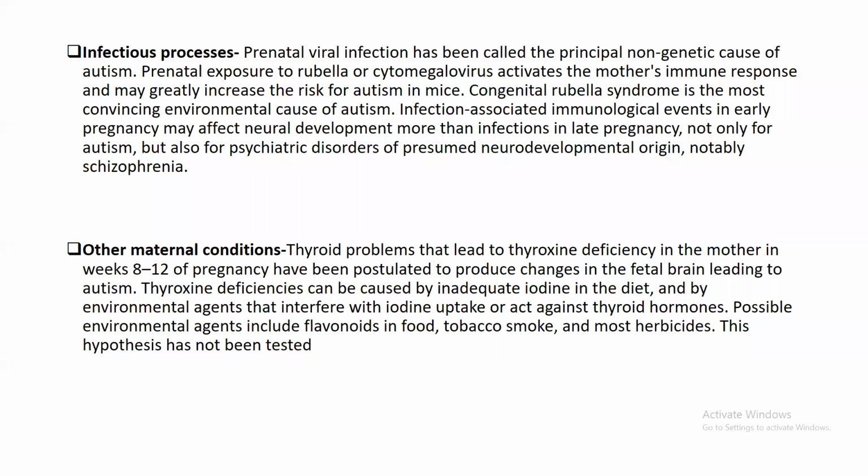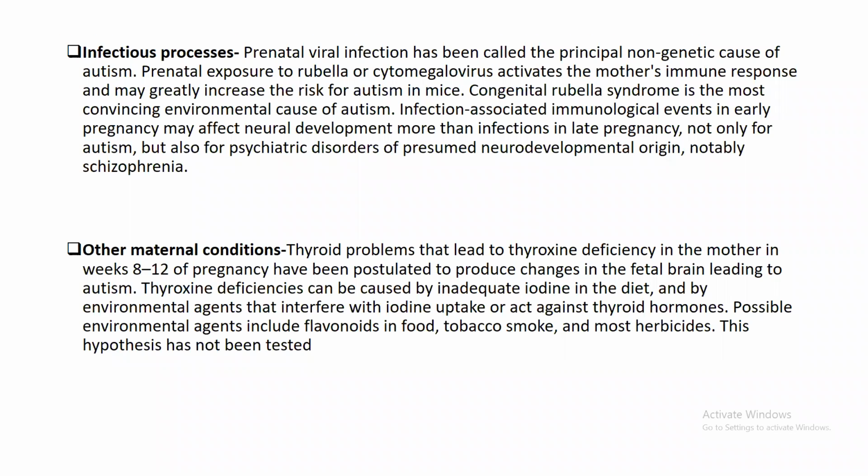Congenital rubella syndrome is the most convincing environmental cause of autism. Infection-associated immunological events in early pregnancy may affect neural development more than infections in late pregnancy, not only for autism, but also for psychiatric disorders of presumed neurodevelopmental origin, notably schizophrenia.